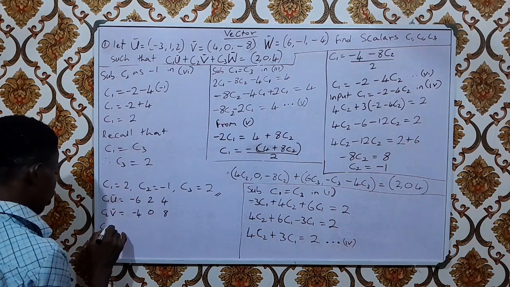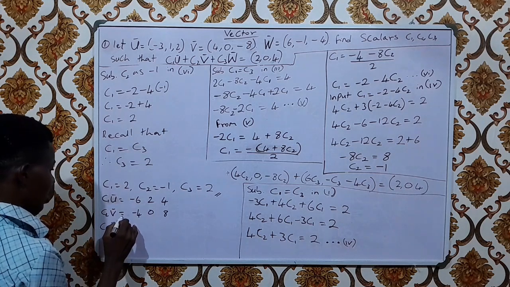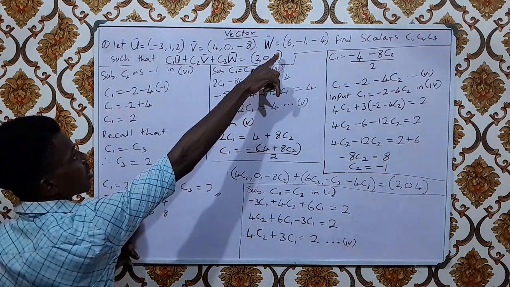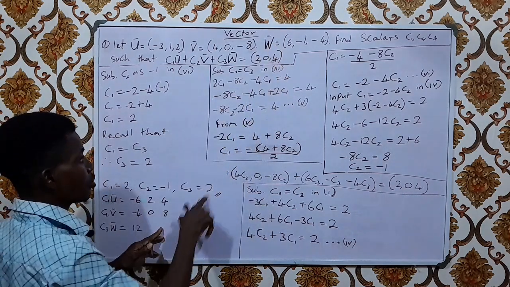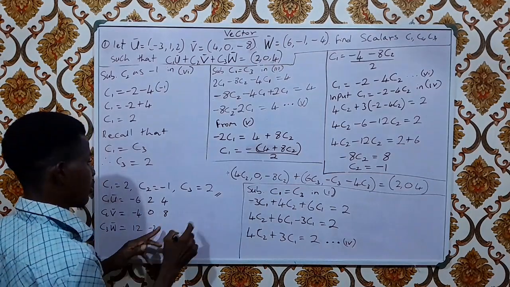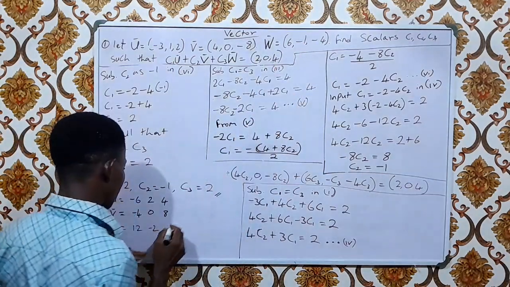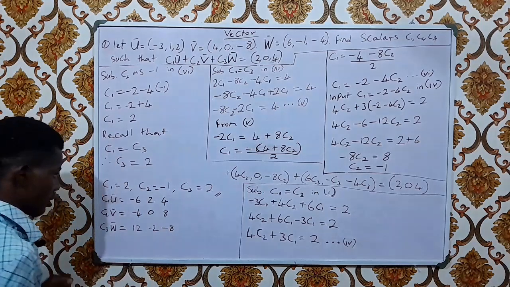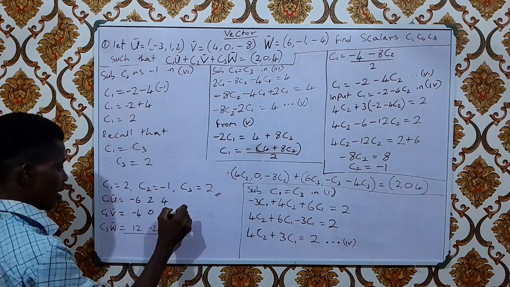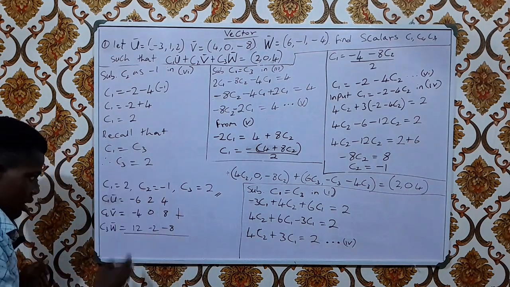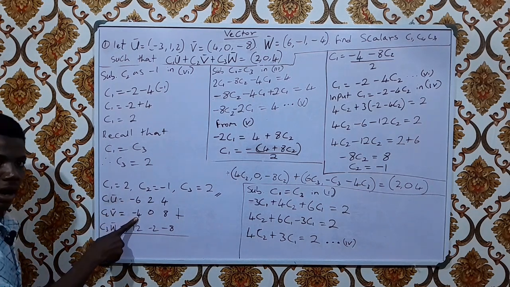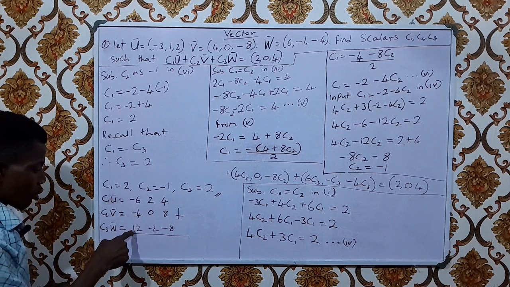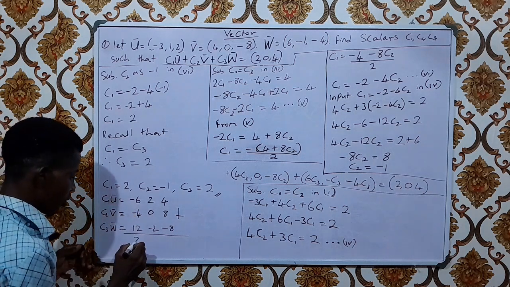Now we have C3 times the third vector. C3 will give us 2 times 6 is 12. 2 times -1 is -2. 2 times -4 will give us -8. We add everything. -6 plus -4 will give us -10. -10 plus 12 will give us only 2.